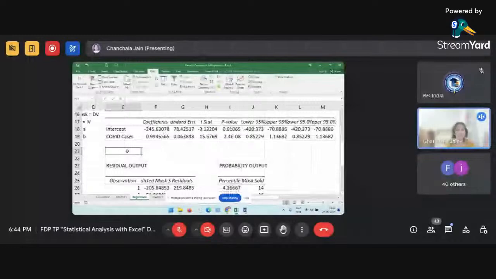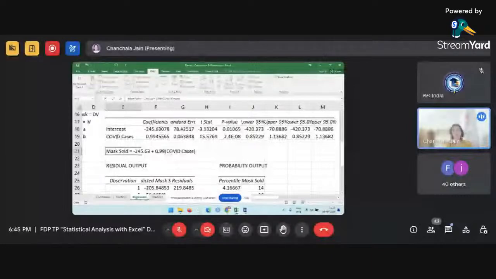So what can you conclude? Your intercept and the coefficient of the independent variable both are contributing significantly to your dependent variable, right? So A and B, the intercept is A, and this was your B. Both the constant values are significantly contributing to your model.